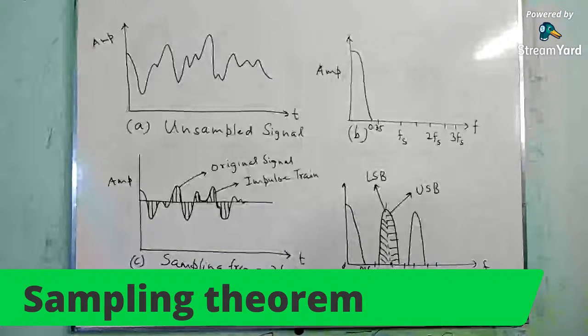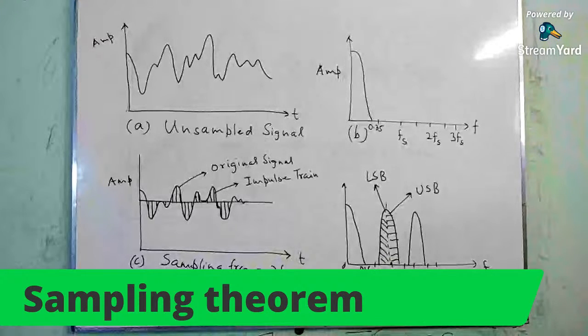Now, in the time domain, sampling is achieved by multiplying the original signal by an impulse train, as shown in figure C, an impulse train of unity amplitude. When two time domain signals are multiplied, their frequency spectra are convolved.